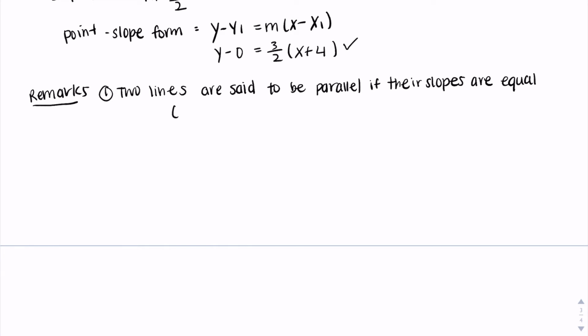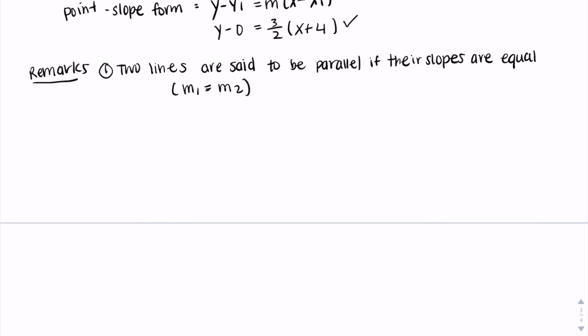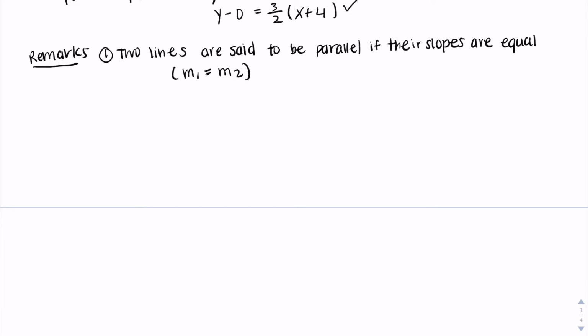This means that m1 will be equal to m2, which means that these lines are parallel to each other if their slopes are equal.